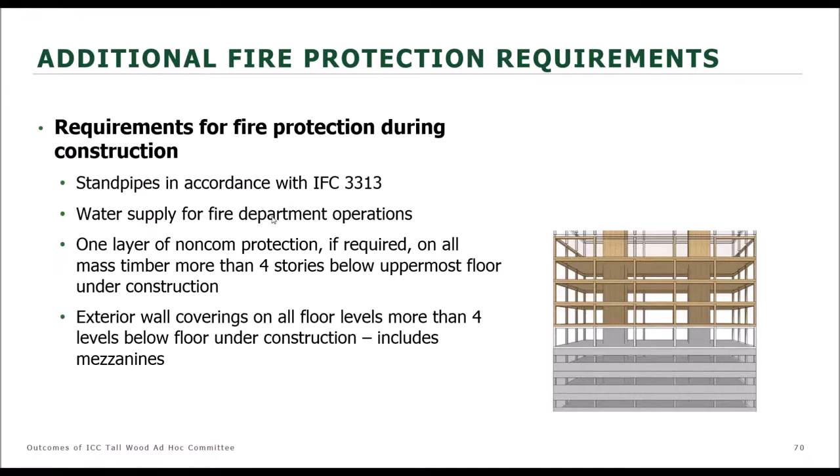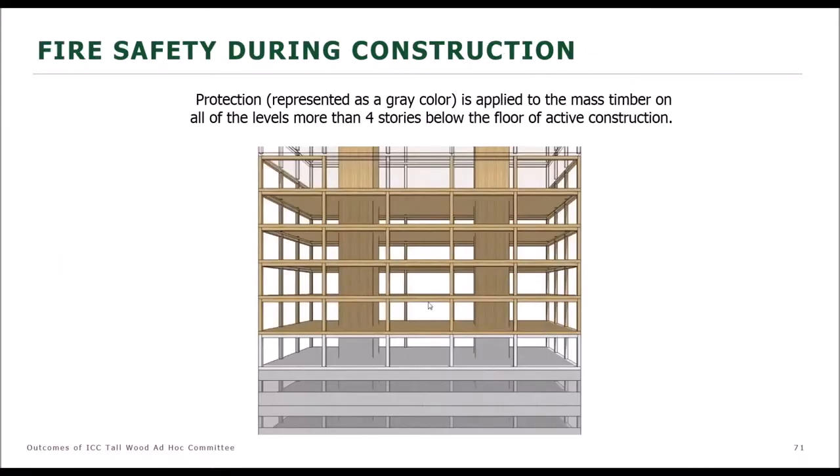But in addition, as mass timber buildings go up, the provisions are going to require that the protection begin as the building goes up. So the idea here is we don't want a lot of exposed mass timber at a very vulnerable stage of construction. As we get taller, as we get up beyond 4 stories above what's protected, before we go higher, we're going to have to protect the first story that's more than 4 stories below the floor of active construction.